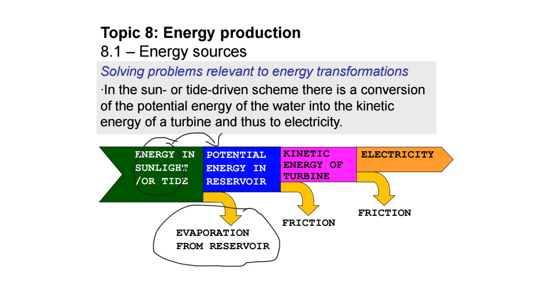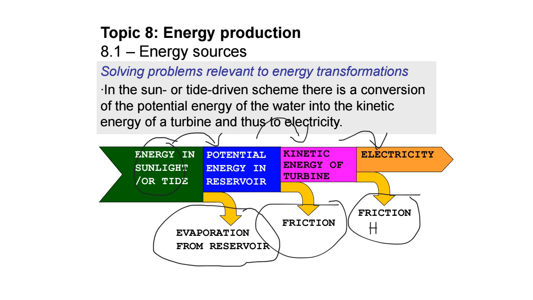So you do have some water loss, and therefore some energy loss. And when you are turning the turbines, there's always friction, and then you get electricity, and there's always friction in the generator, etc., which causes heat losses.